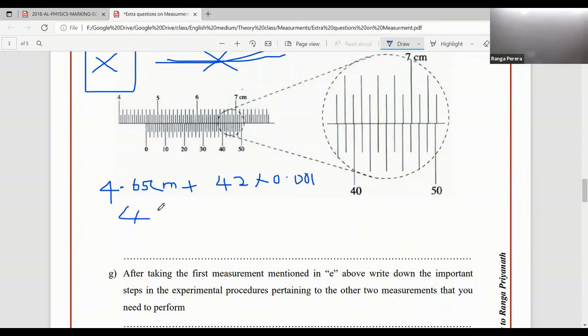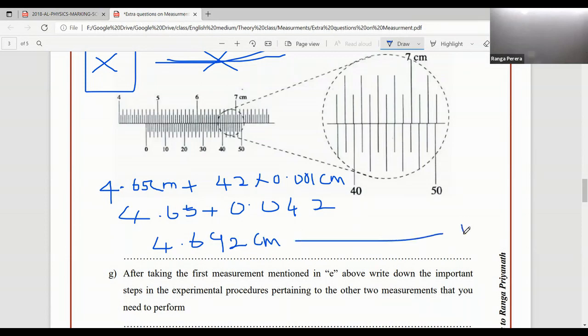So what is the total answer in centimeters? 4.65 plus 0.042. Altogether, 4.692 centimeters. You get 1 mark for this. 4.692 centimeters.